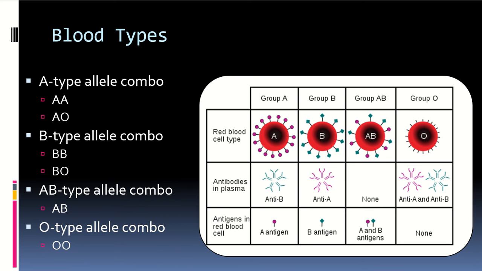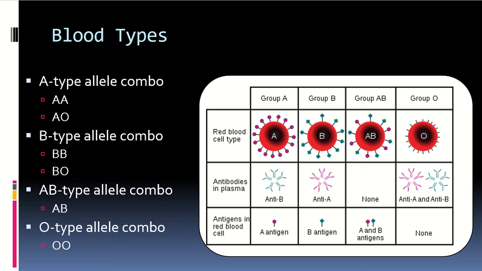Therefore, going to the picture, to the vertical column labeled group AB, if you inherit an A allele and a B allele, essentially those red blood cells will have A antigens and B antigens around those red blood cells. Whereas someone with A blood type would only have A antigens around their blood cells, and someone with B blood type would only have B antigens around their red blood cells.